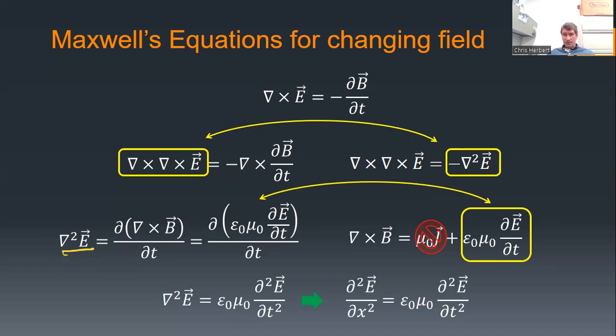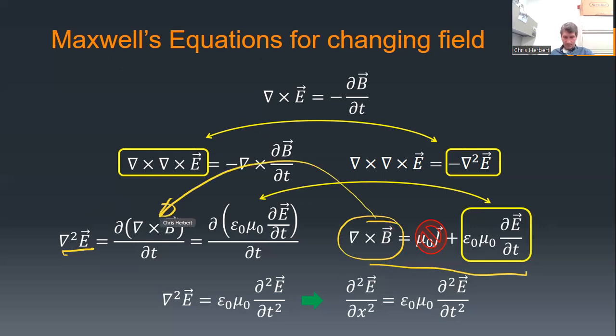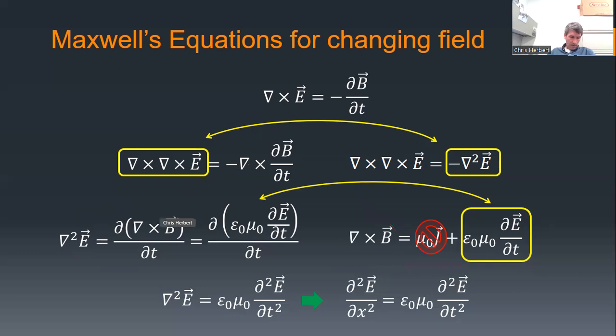Now I'm going to make the other substitution. I'm going to take the curl of B. I know those of you who have taken Calc 3 are just shaking their heads at this point, but it's good to see this before you actually take an electricity and magnetism course. I'm going to put this in for this, okay? So this one right here is now replaced by this, which we see over here.